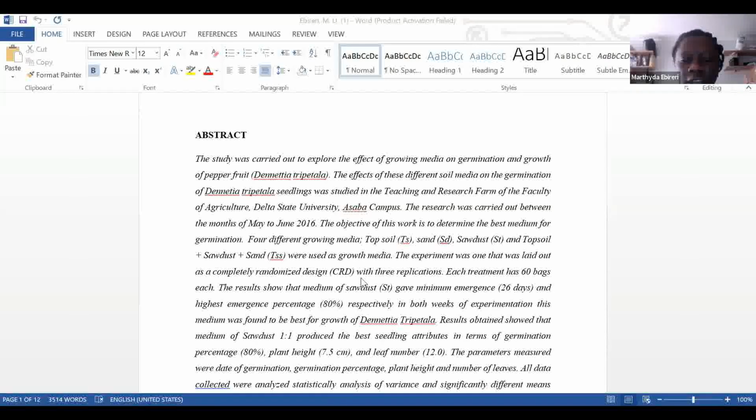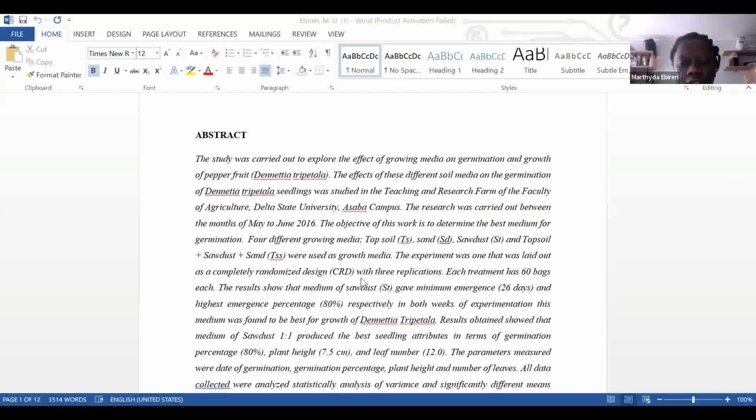From this experiment, we found out that sawdust gave the highest emergence percentage, which is 80% respectively in all weeks of its cultivation.